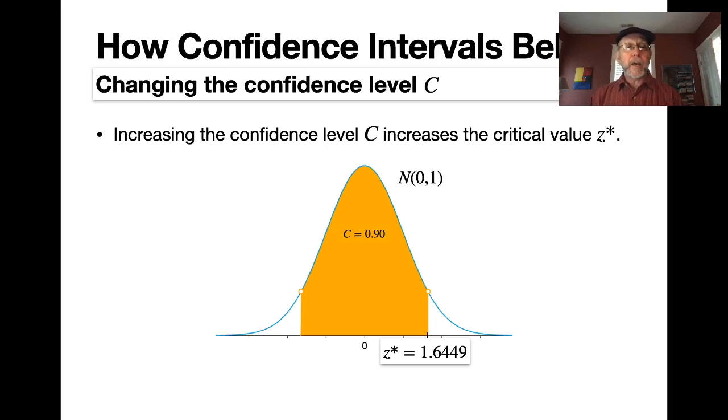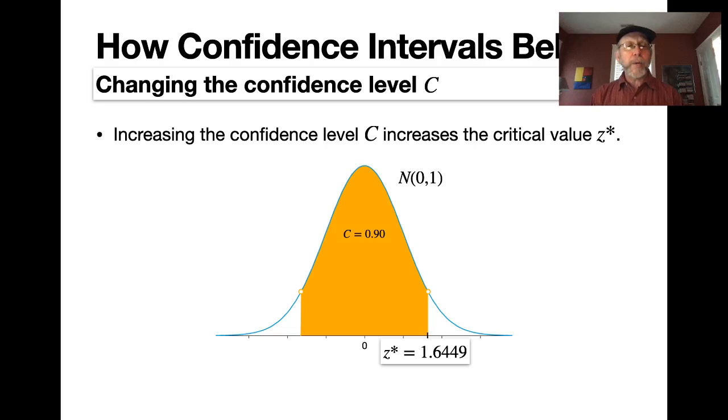So here you see a confidence level of 90%, and that middle 90% corresponds to a Z star value of 1.6449. So my shaded area there would run from negative 1.6449 to 1.6449. And that's why 1.6449 is my critical value for 90% confidence.